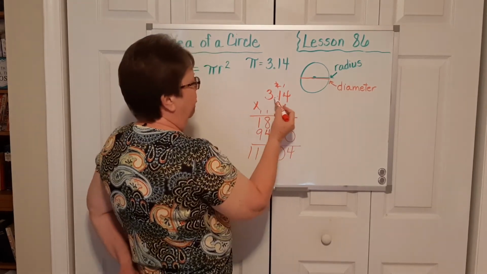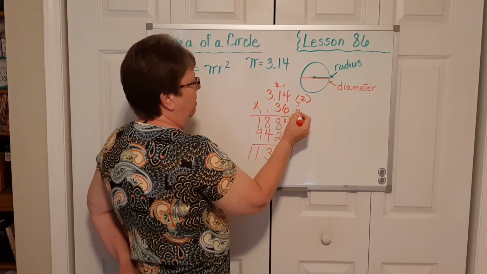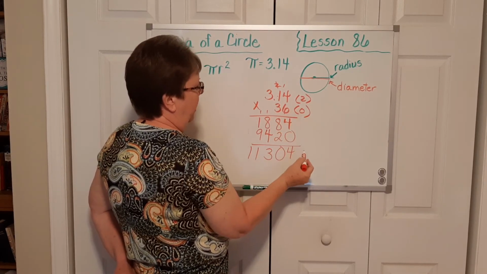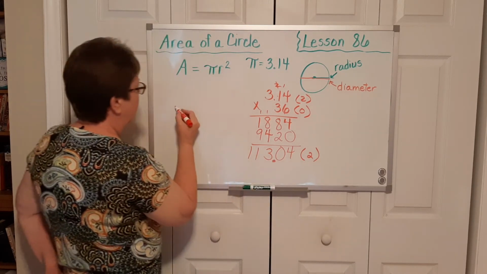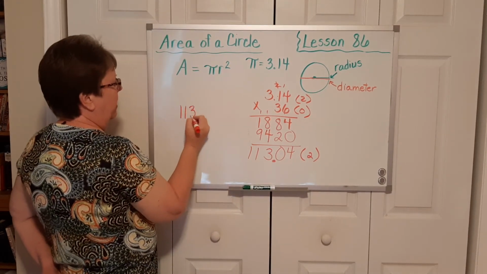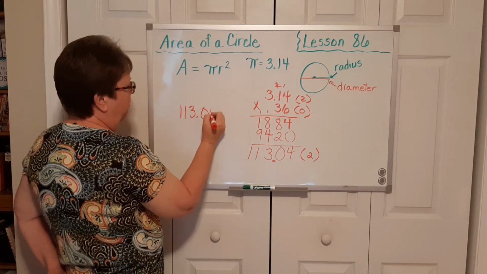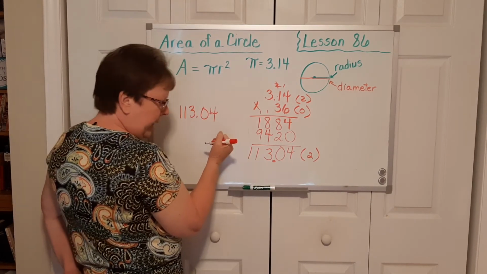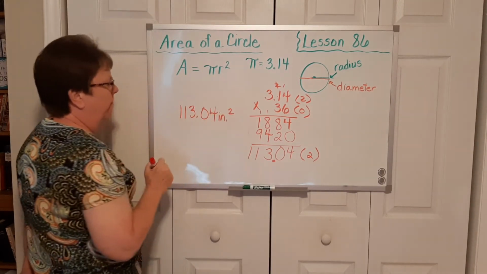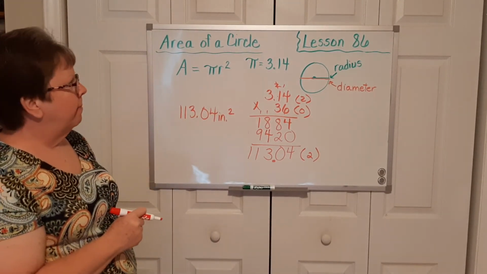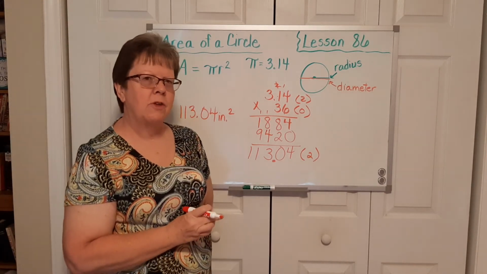Again, we have two decimal places here, none here, for a total of 2. So here it's 113.04, and that was inches. I had given you inches, so it's inches squared. All right, that's how you find the area of a circle.